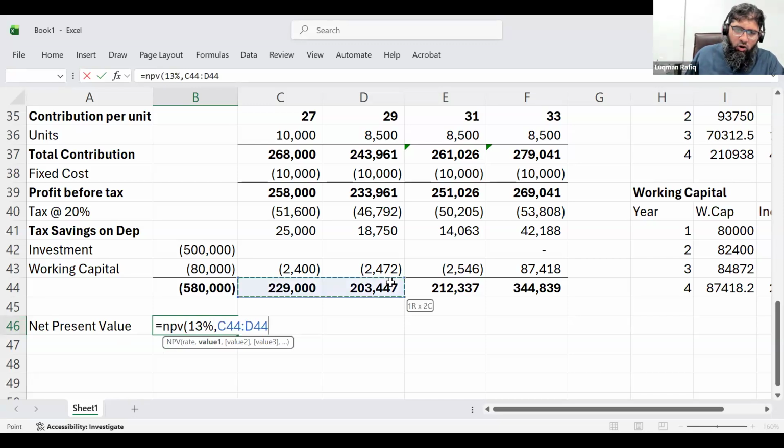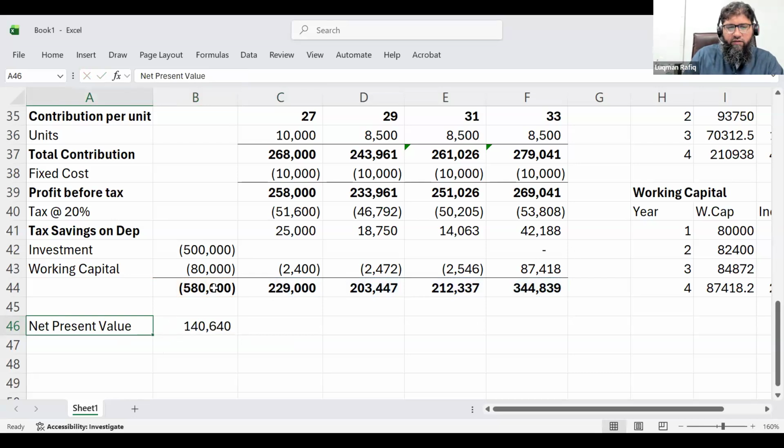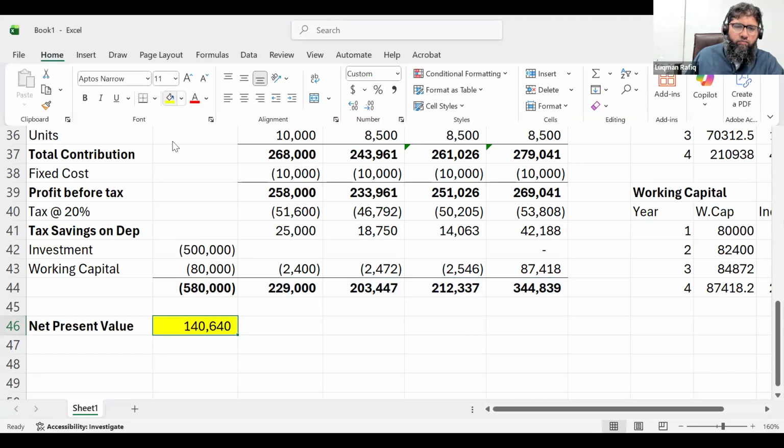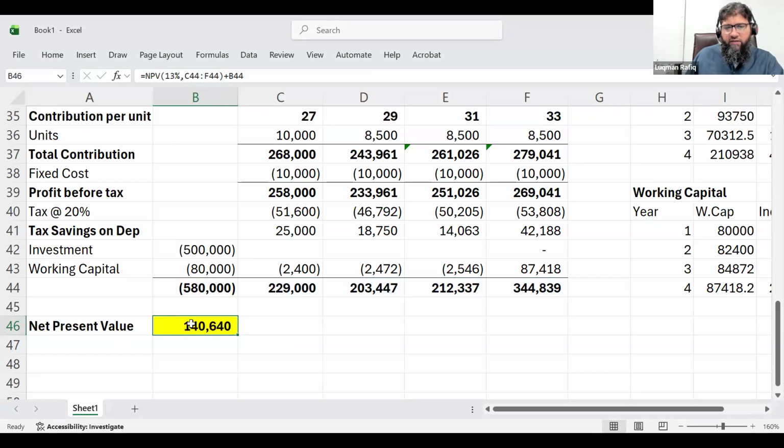You select all these values and then you add up this. So 140, 640.